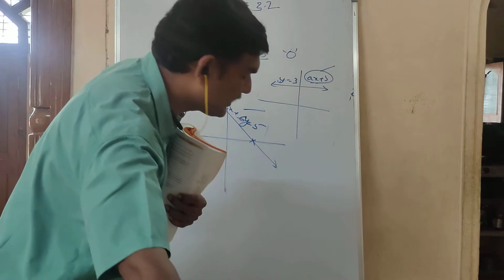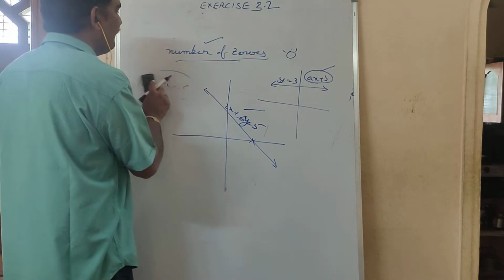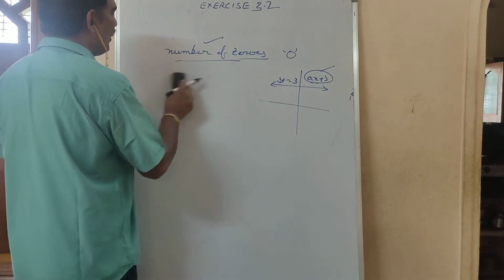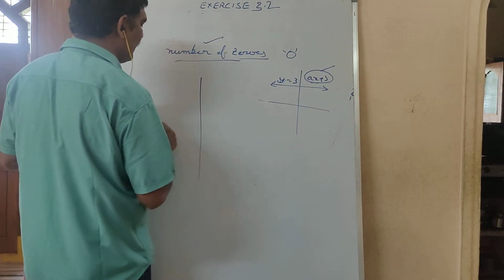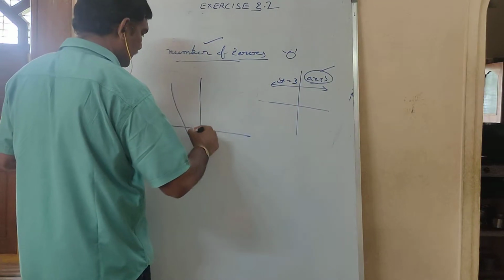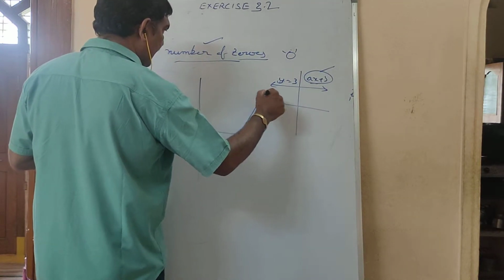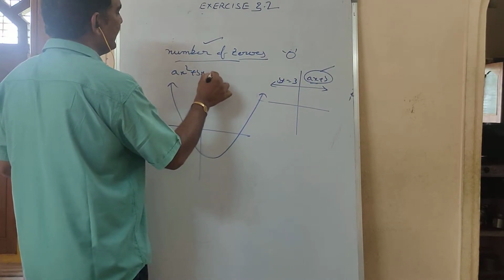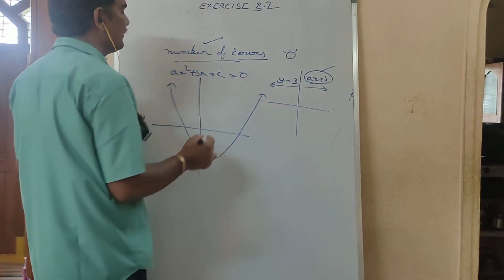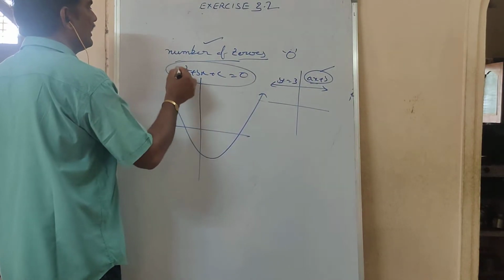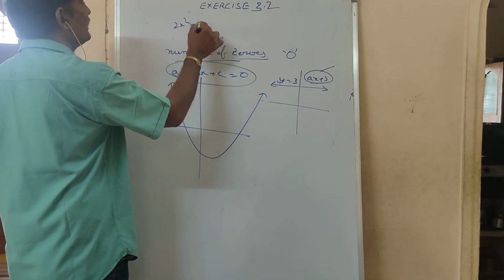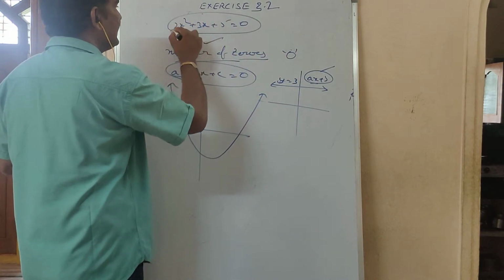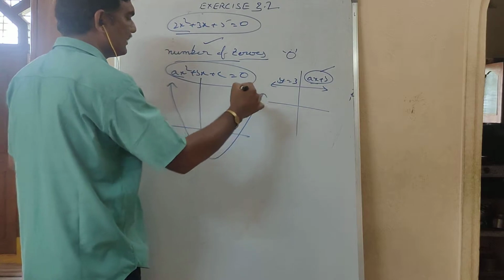Okay. Next, if you take another graph, means if you draw a graph for a quadratic polynomial like ax square plus bx plus c is equal to 0, means the graph of 2x square plus 3x plus 5, if you draw it you will get a graph like this.